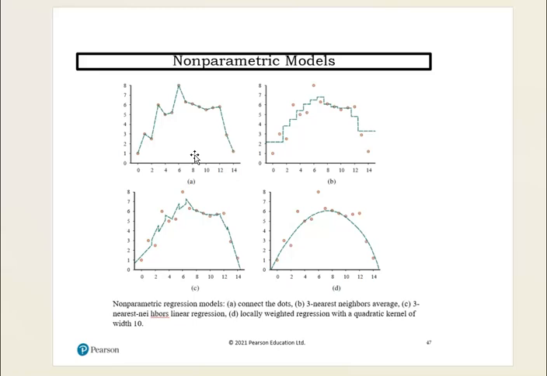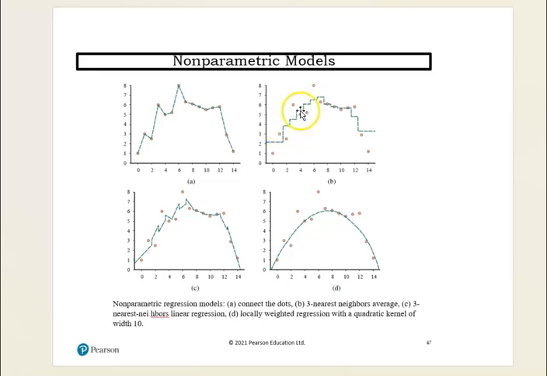So you can see here in chart B, we used k equals 3, so we used the 3 nearest neighbors, and we just took the average value of the 3 neighbors, and we're going to use this value as a prediction for any point that falls in this range, and so on.